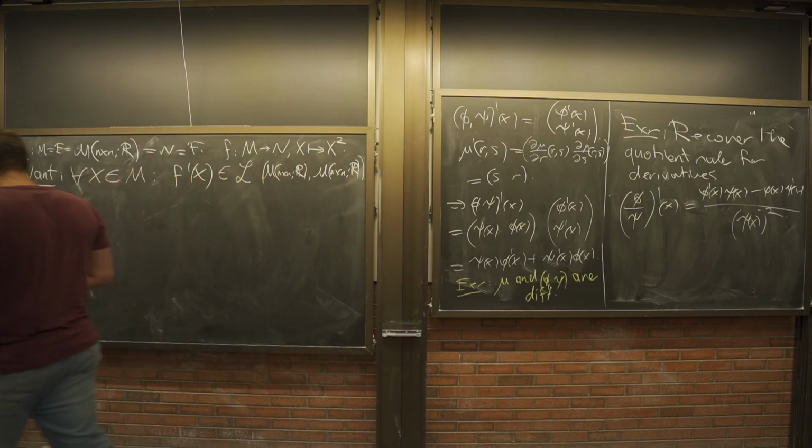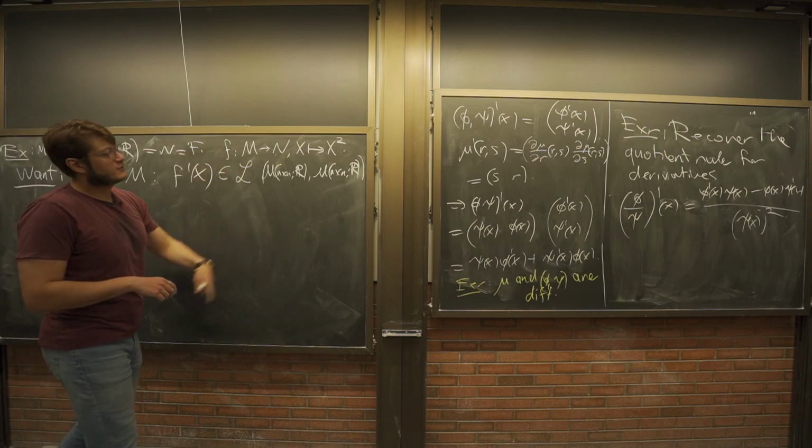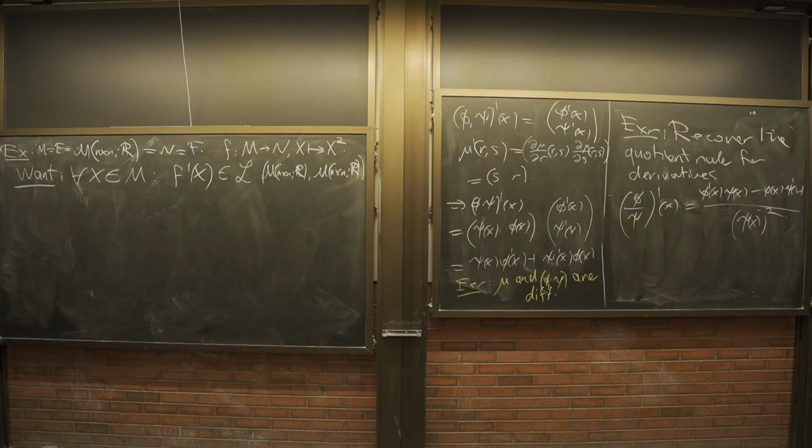So how to compute this? Well, the first thing you can do is say, all this business is too complicated. Let's just pretend that this is an n squared dimensional space, R to the n squared. I'm just going to think of everything as column matrices.